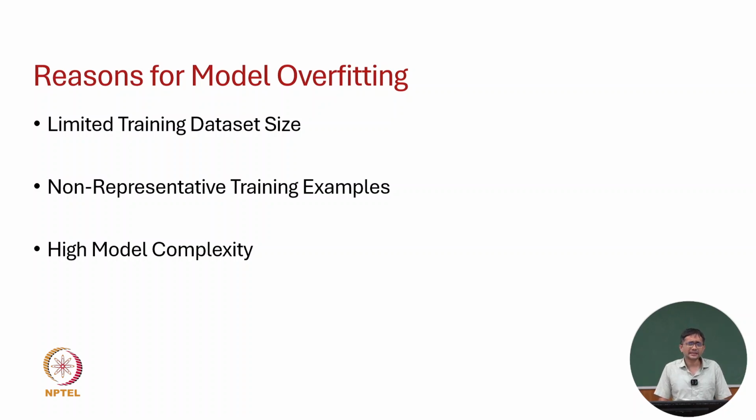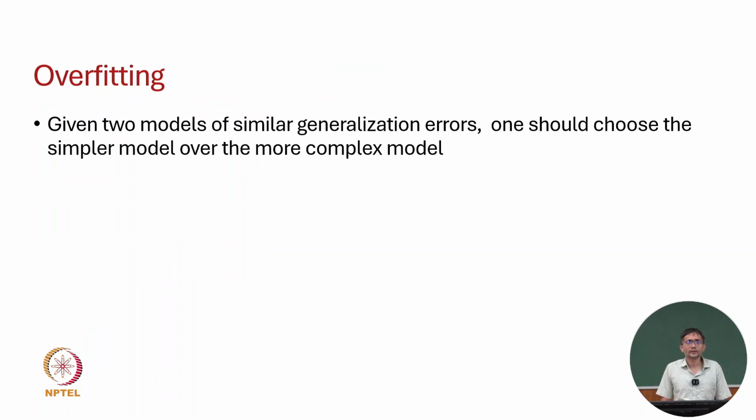The other reason is high model complexity. Given two models of similar generalization errors, it makes sense to choose the simpler model over the more complex model.